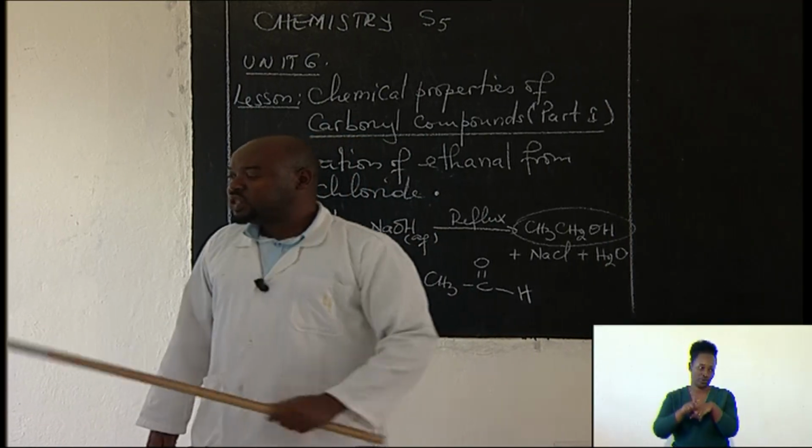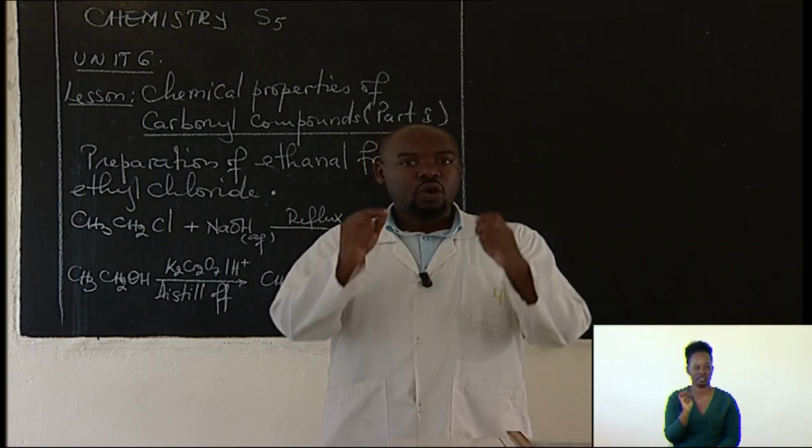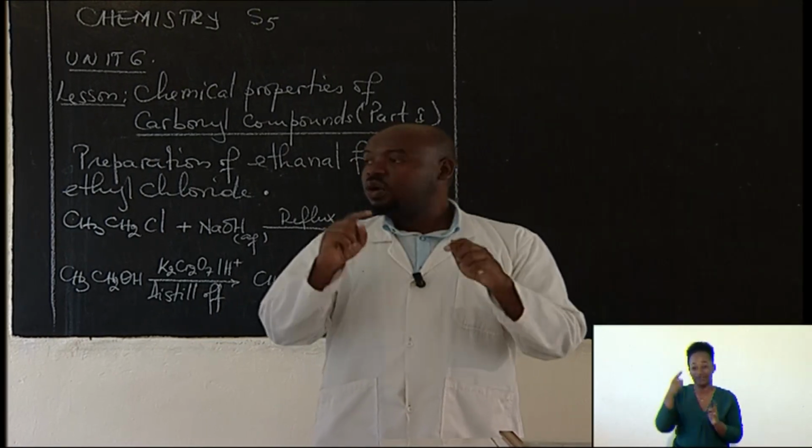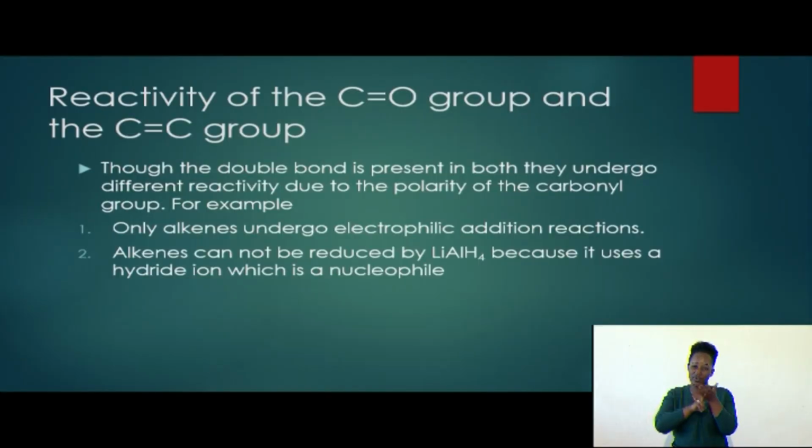Alkenes cannot be reduced by lithium aluminum hydride because it uses a hydride ion. We know some of the reduction reactions, but for carbonyl compounds, we can use this reducing agent, which cannot be used when we are reducing alkenes. Why?